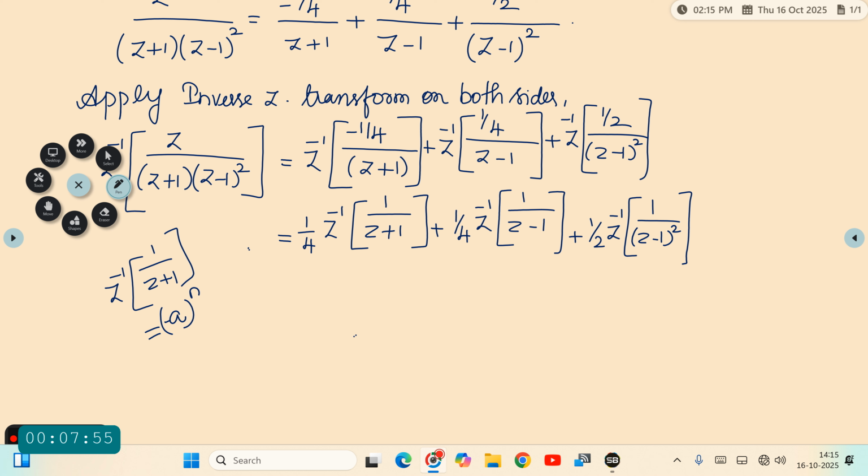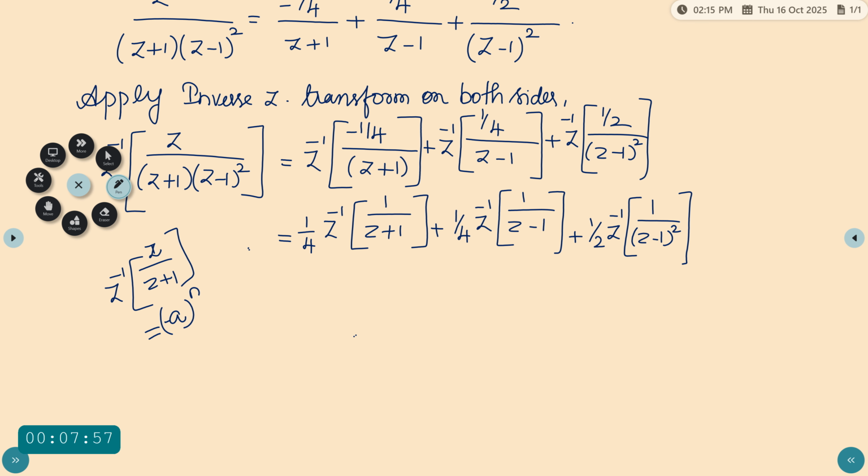We know the formula Z inverse of Z divided by Z plus A equal to minus A power n, and another formula is Z inverse of Z divided by Z minus A, which is equal to A power n.